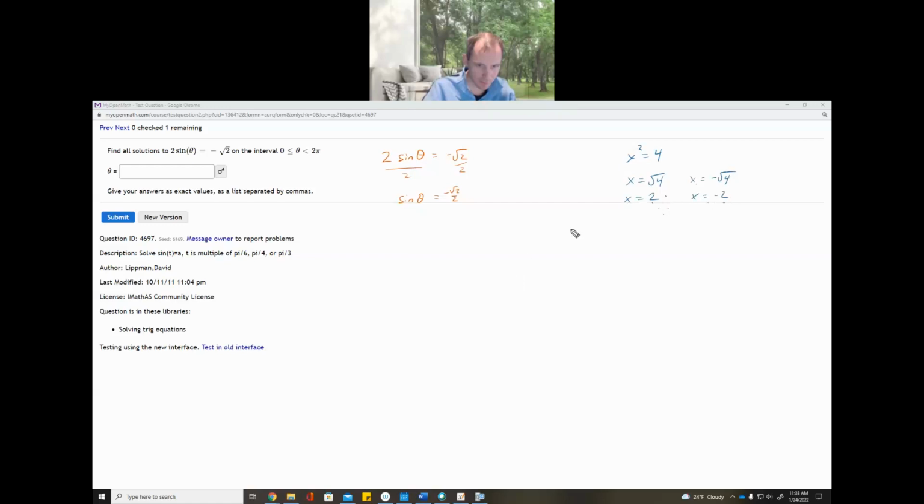Well, think about the graph of y equals x squared. If I say that graph equals 4, then I'm saying I want to find out where that graph gives me an output of 4. Outputs are y values. So I want to know where this graph has a y value of 4.